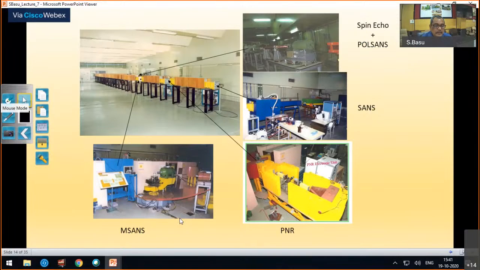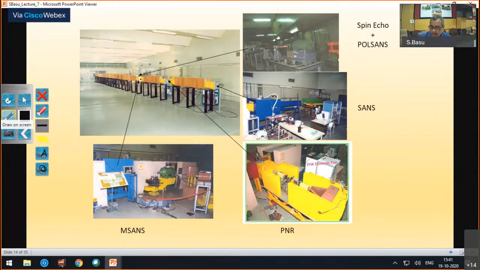So you see, this is the guide hall which we have got in Dhruva. There are two guides. The reactor is in this direction. The neutrons come out. This is guide 1 and this is guide 2. In this guide there are two gaps, one here, one here.